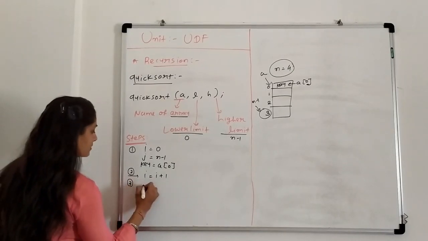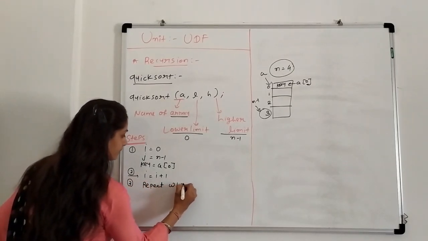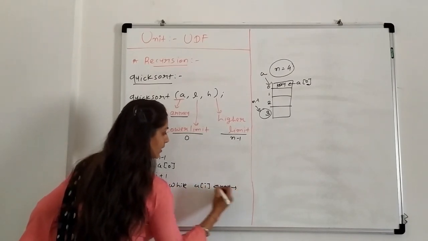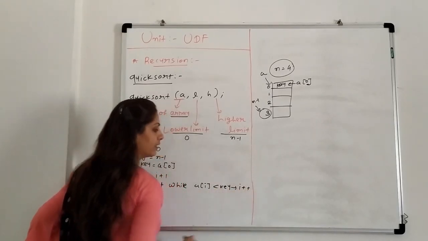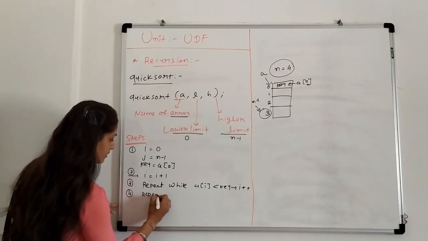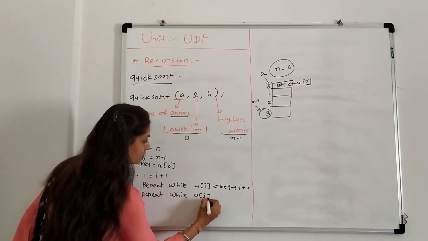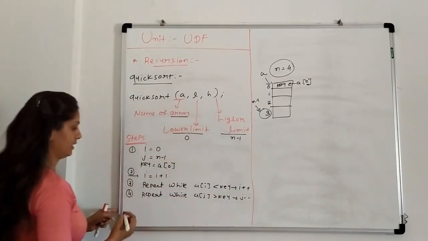The third step is repeat while a of i is less than key; if a of i is less than key, then you have to increment i. The fourth step is repeat while a of j is greater than key, then j minus minus.